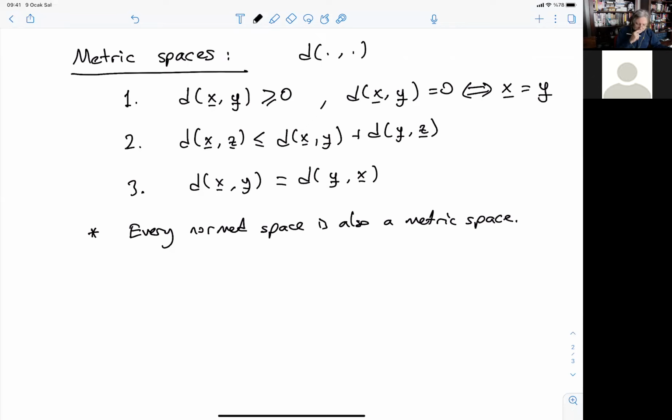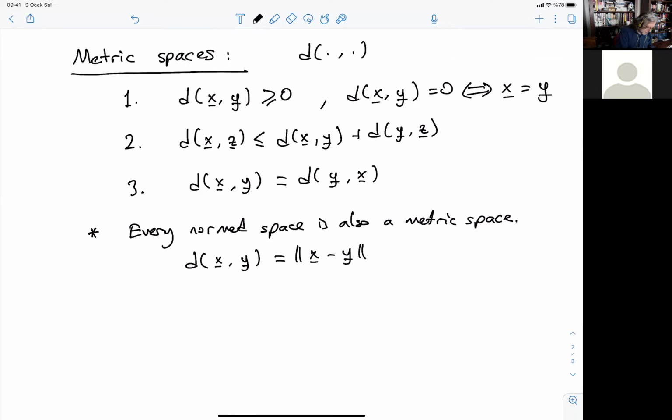The first one where we define particularly the distance between x and y to be equal to the norm of x minus y. So if we are able to define the metric or the distance in the form of this norm operator, then the norm space also becomes a metric space.